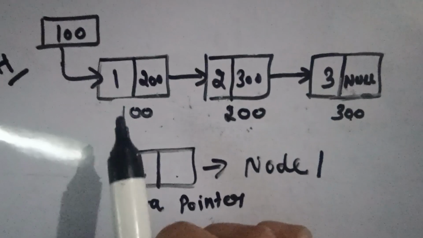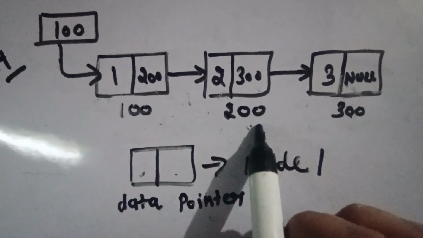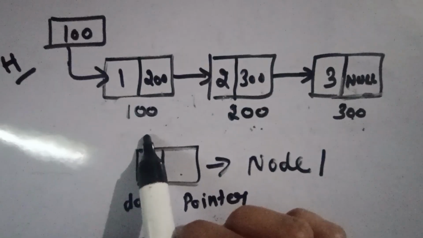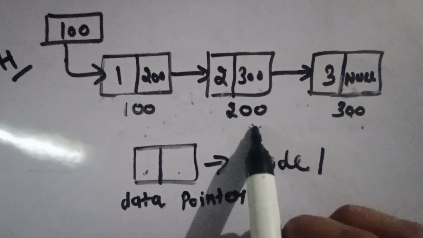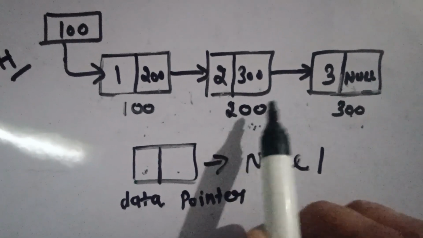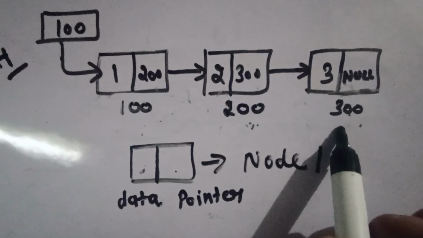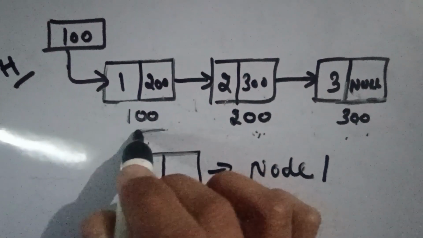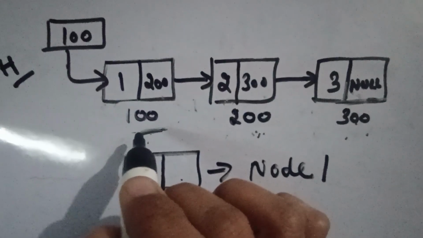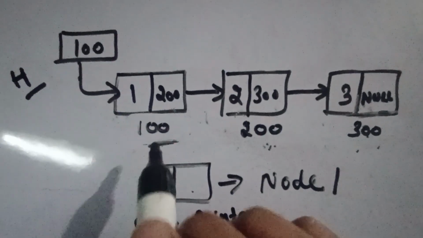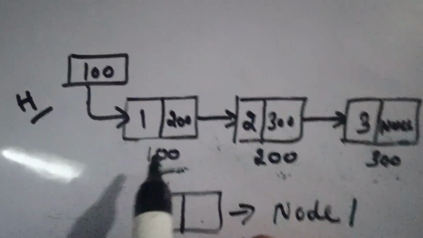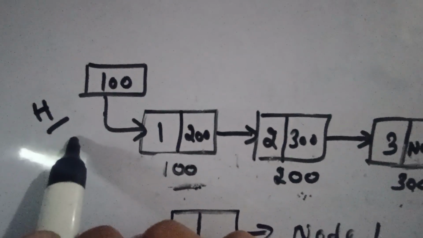right? So see here, this is our node 1, node 2, node 3, right? Node 1 stores the address of node 2, node 2 stores the address of node 3. Okay, so where is node 1's address stored? The answer is node 1's address is stored here in the head.